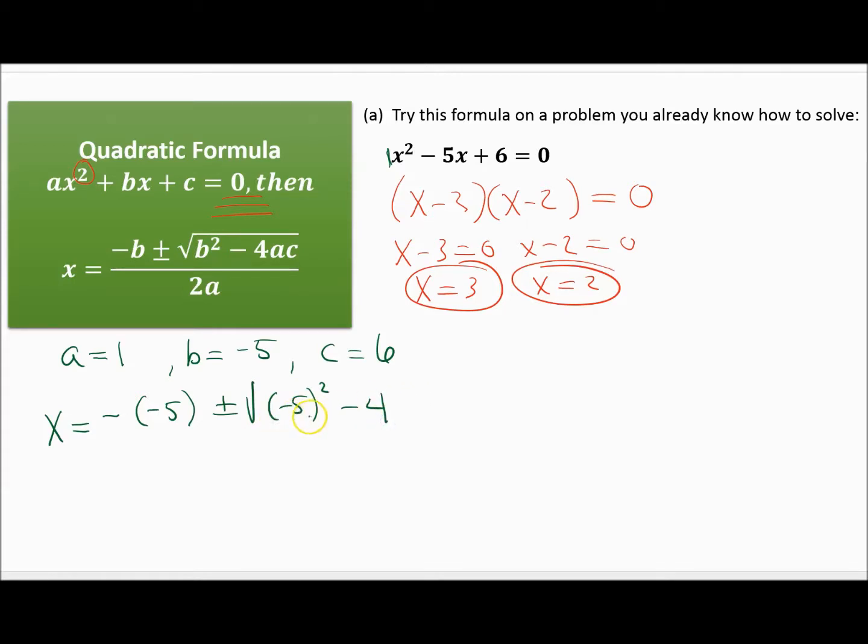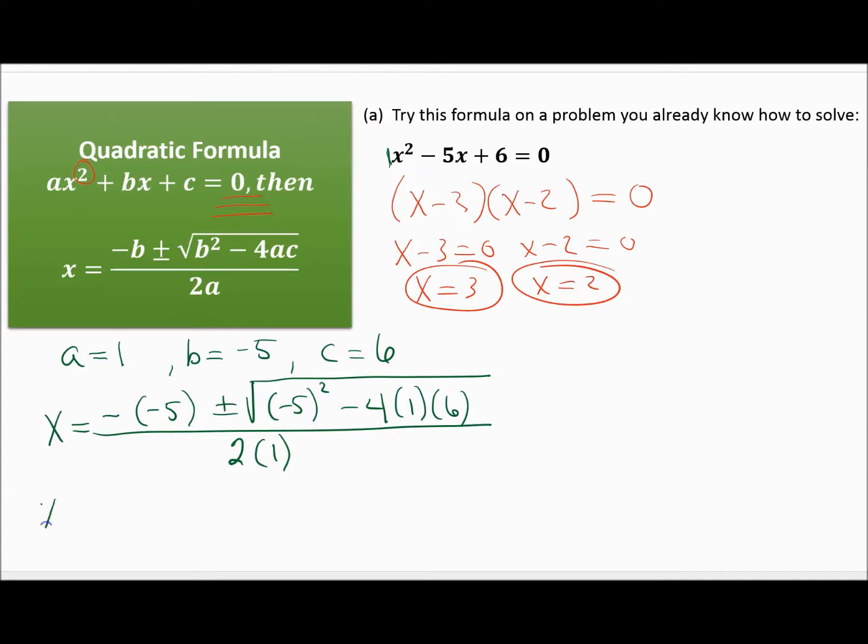Notice the parentheses around the negative 5, because you're not just squaring the 5, you're squaring the negative and the 5, so I had to use parentheses. Then a is 1, and c is 6. That's all underneath that square root. And then this fraction is underneath the entire expression, so that's all over 2, and then a again is 1.